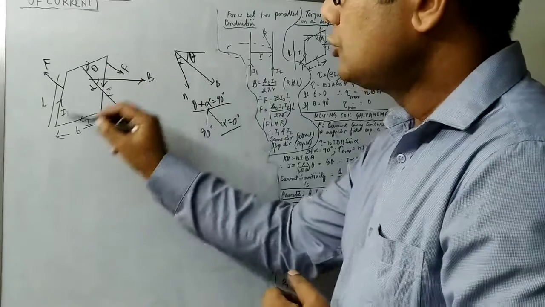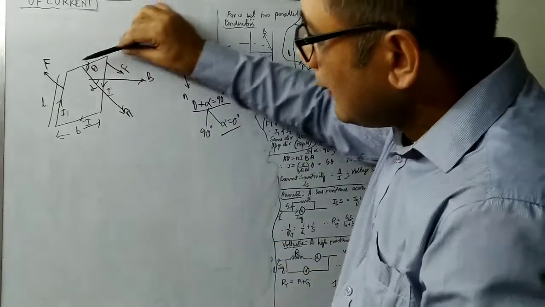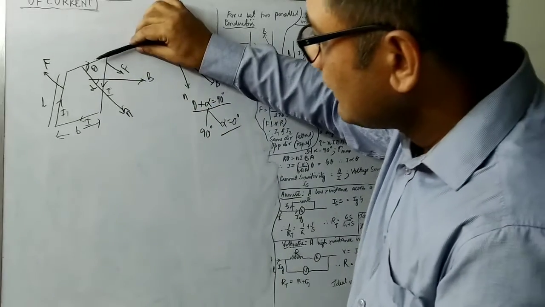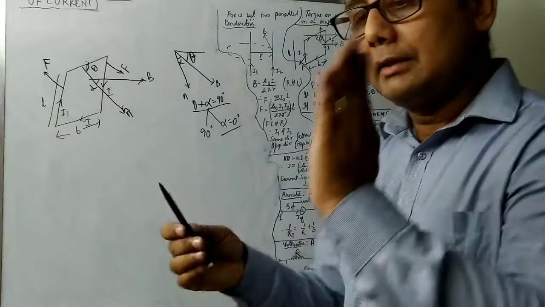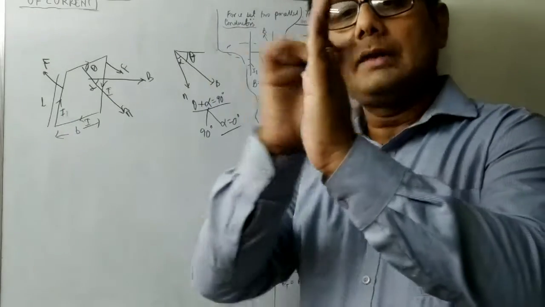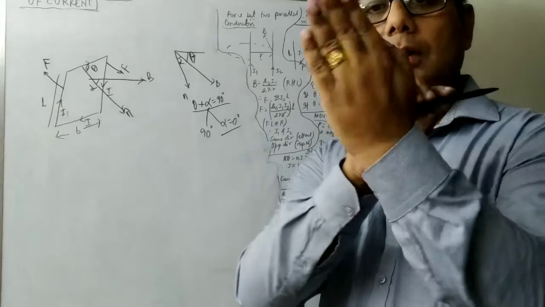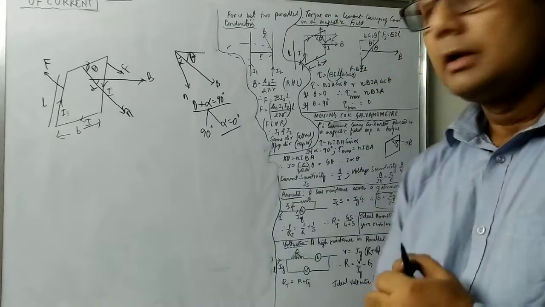And what about these two? These two will act along the plane, so they will cancel out. But these two forces will act like this, one like this and the other like this, due to which the coil will rotate. The coil starts rotating. Clear?